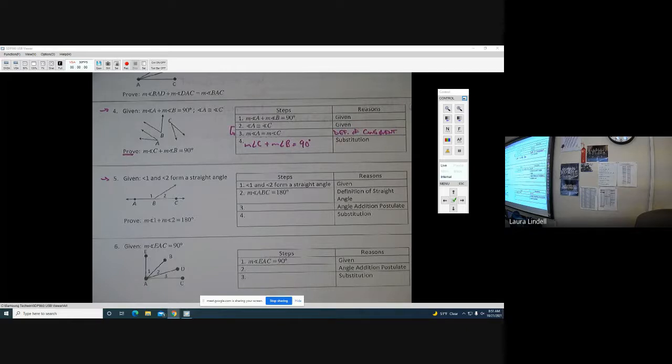You're close. This part is right, but what is it equal to? It's not quite. We're close now. The addition part isn't that.